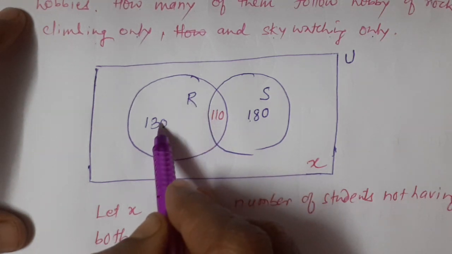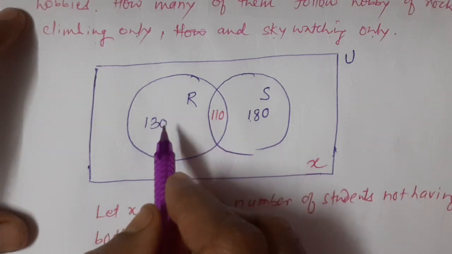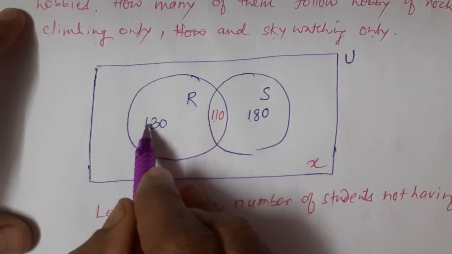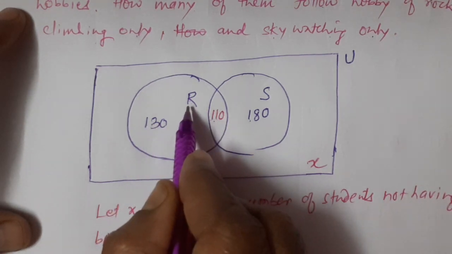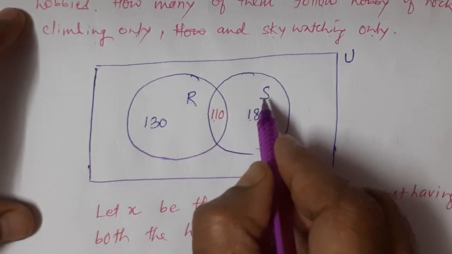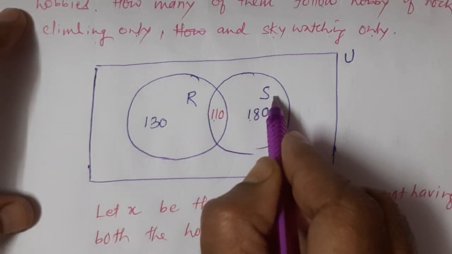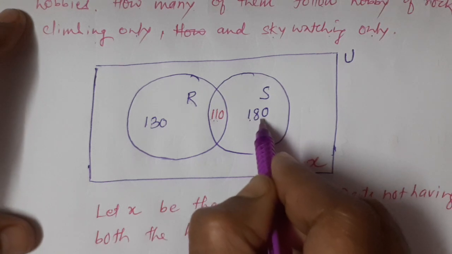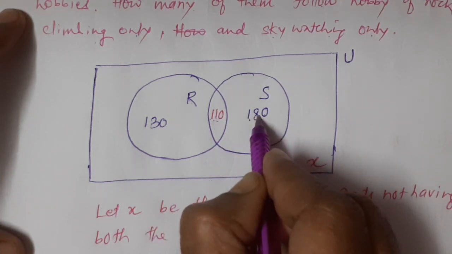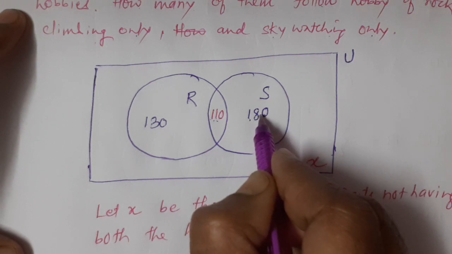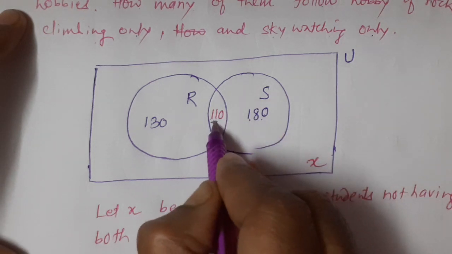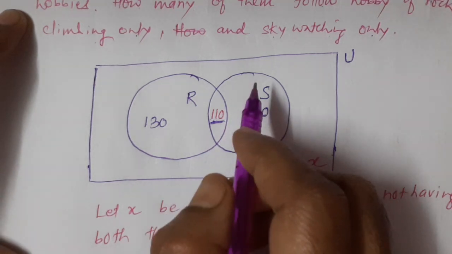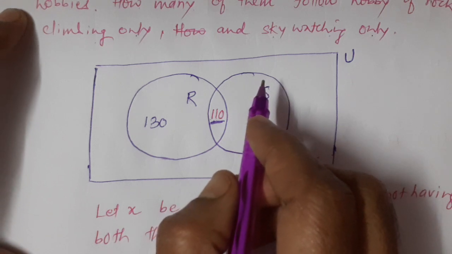If you want to find out rock climbing only, then you simply subtract 110: 130 minus 110 gives the rock climbing students only. If you want to find out only sky watching students, then subtract 110 from 180. So 180 minus 110 gives the students who only have the hobby of sky watching. And this 110 is what? It is the hobby of both, that is, they belong to both rock climbing and sky watching.